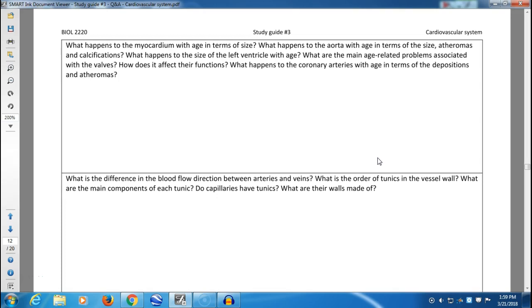Okay. The left ventricle with age becomes smaller because the walls become thicker. Thus, the aorta with age, usually the walls become thicker and the lumen becomes small. Okay, so you have to understand that with age, blood vessels become generally narrower and the heart becomes weaker.